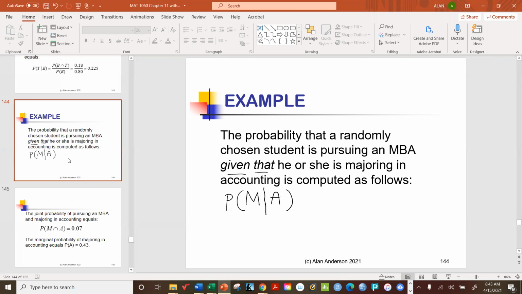With that information in hand, we want to know the probability that they're getting their MBA. Okay, so this is "given that." Now the formula would then be this ratio. And again, in the numerator, you have the probability of both events. I'll note that right here.